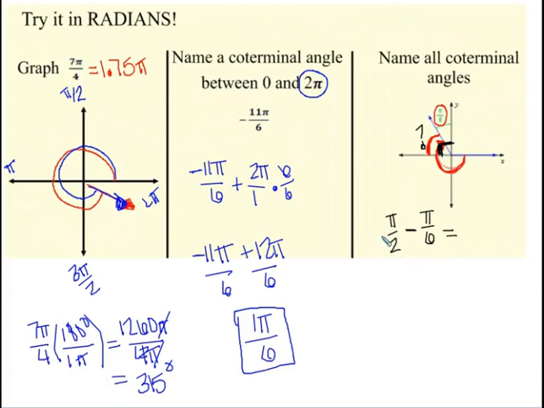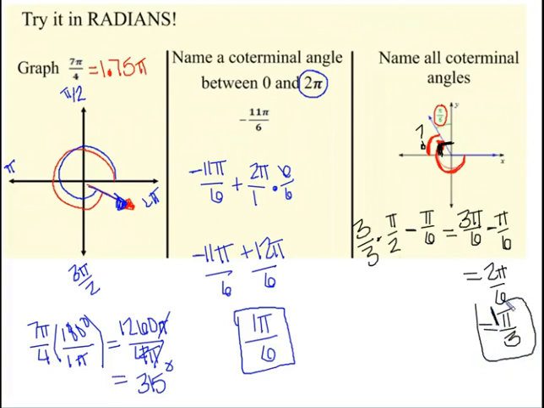Again, we got to get a common denominator, so we'll multiply this one by 3. So we're left with 3 pi over 6 minus pi over 6, which is 2 pi over 6, or in other words, pi over 3. Okay, just 1 pi over 3. So that's what this guy is. We got pi over 3. But we go a full pi and then another pi over 3.